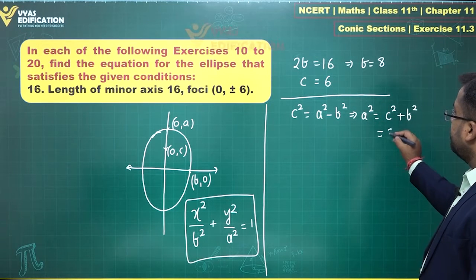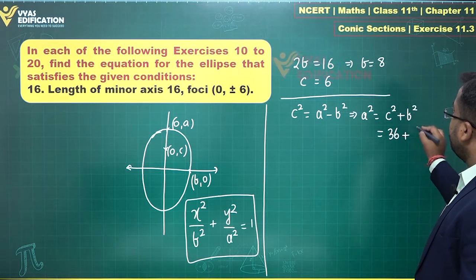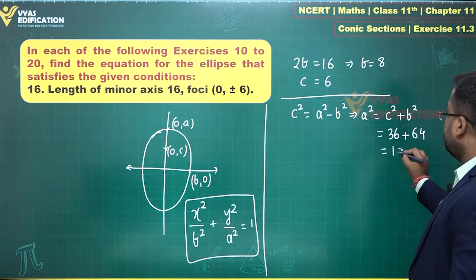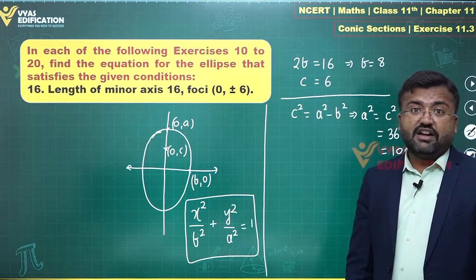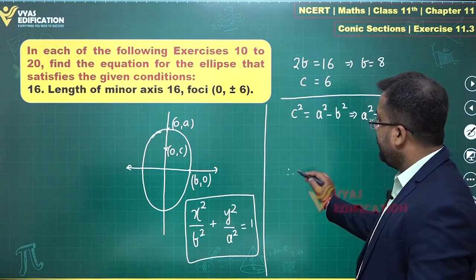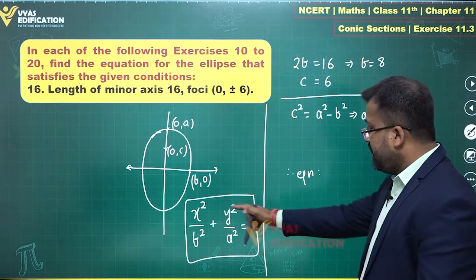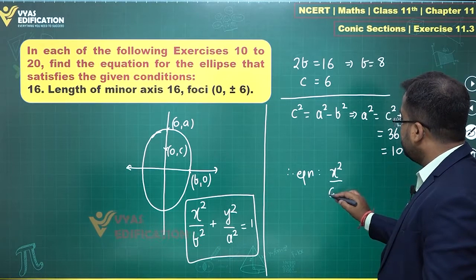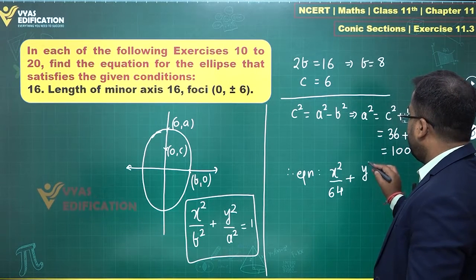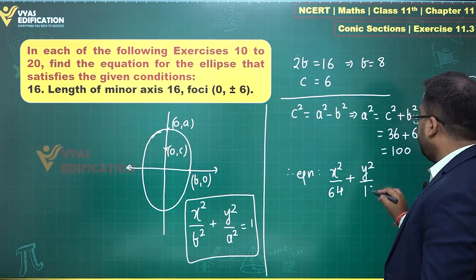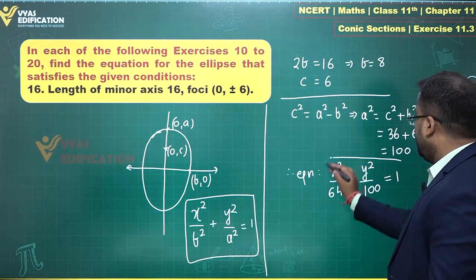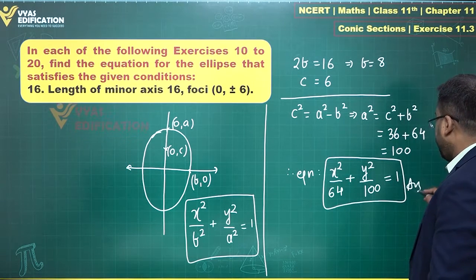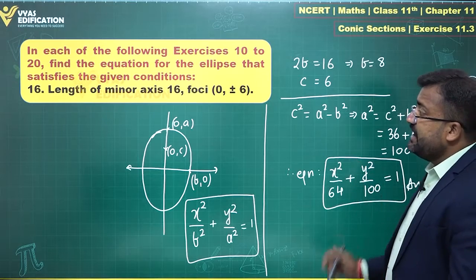C is 6, 36 plus 8 square is 64. So the value of a square is 100. Therefore, equation of the ellipse will be x square upon b square, which is 8 square, plus y square upon a square, which is 100, equals 1. This is the required equation of this ellipse.